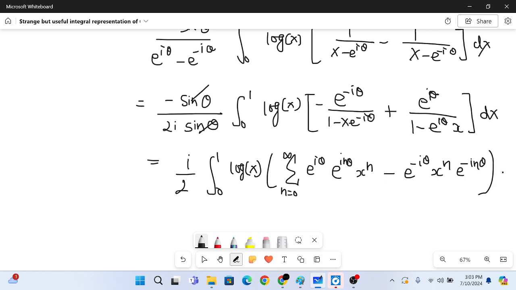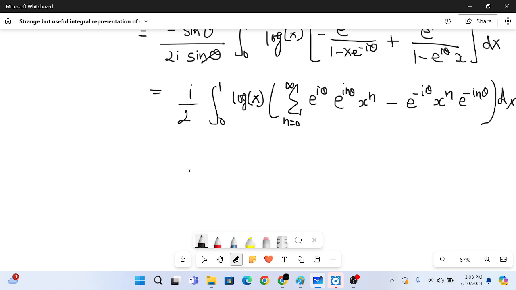Now we can interchange the sum and the integral. So we get i by 2, and the sum from n equals 0 to infinity, and then the integral from 0 to 1, we have log x.